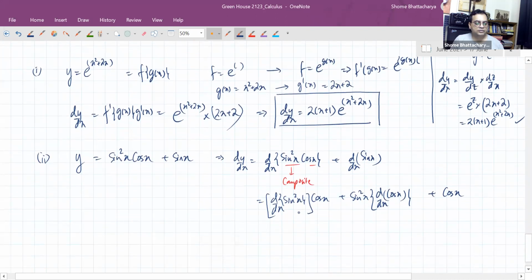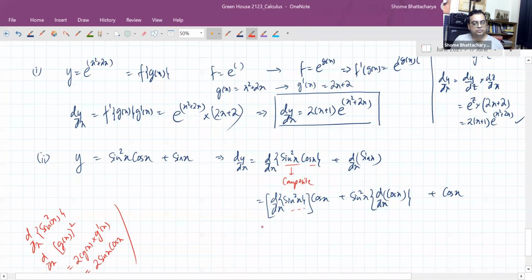So now this is the one where we have to use the chain rule. You can see that we are differentiating sine square x. So it is like we are differentiating some function square. That will become 2 times that function into the derivative of that function. So this will become 2 sin x into the differentiation of sin x, which will become cos x.